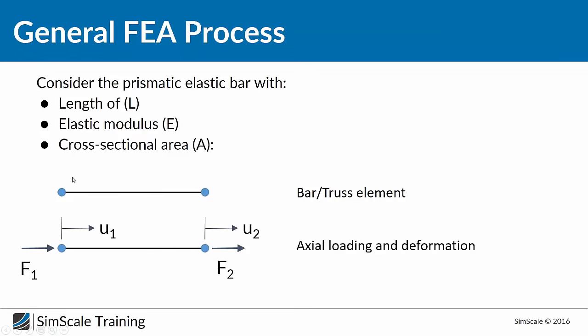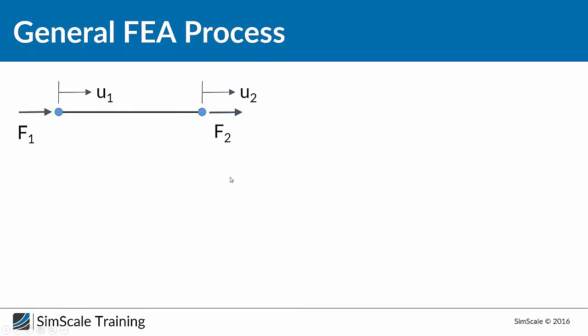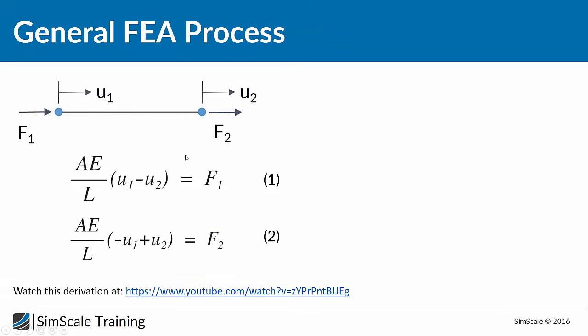If we now take a look at, for example, the first and second node, we only have a deformation or displacement in x direction, which I called u, and a force acting on the node called F. We can now take the equilibrium of forces and moments to write down or to express these forces. And in the end we have a factor which is made of A, the cross-section, multiplied with the Young's modulus, divided by the length.